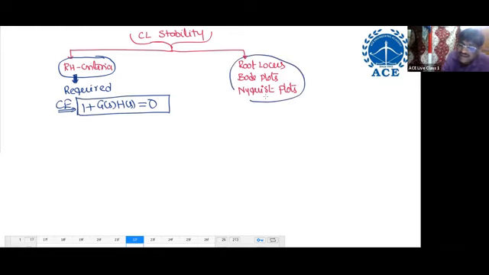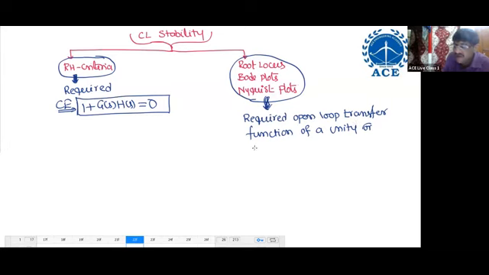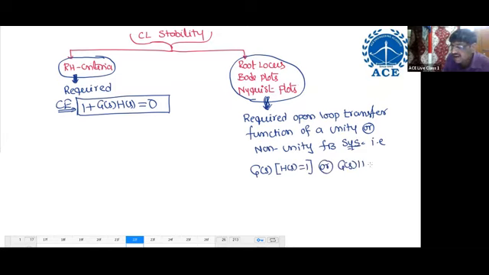Whereas in all the remaining stability techniques, we require the open loop transfer function of a unity or non-unity feedback system, that is G(s)H(s), where H(s) may or may not be 1.